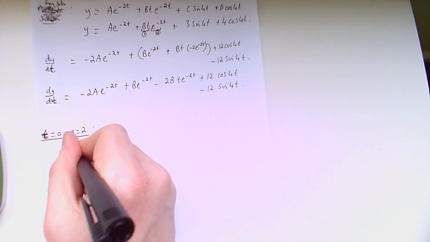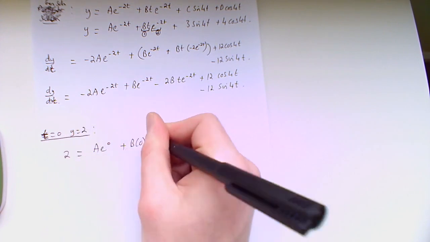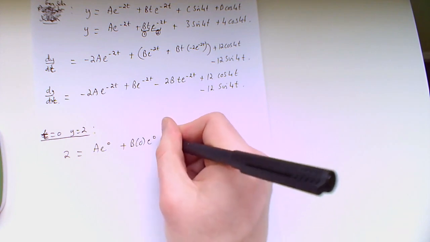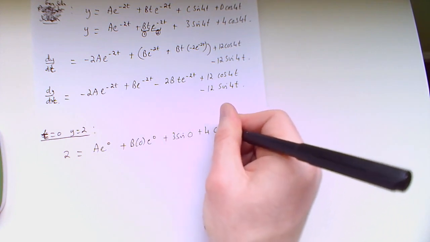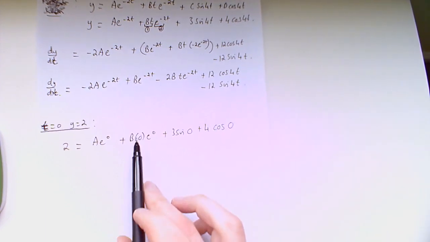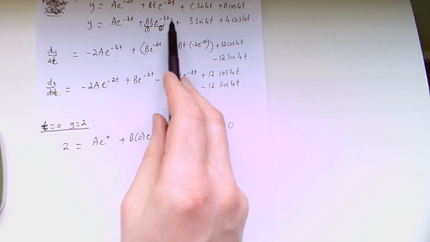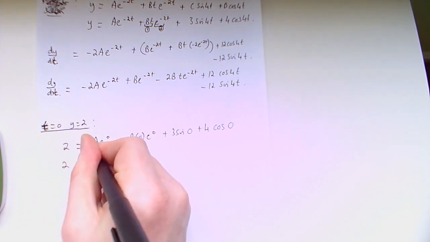So 2 equals ae to the power of 0 plus b0 e to the power of 0 plus 3 sin 0 plus 4 cos 0. So I've just substituted 0 in place of all my t's here and 2 in place of my y. Now we know e to the power of 0 is 1, so it's going to give me a.